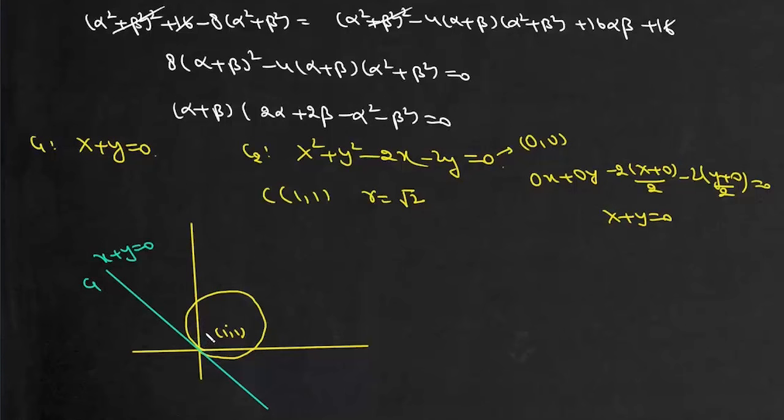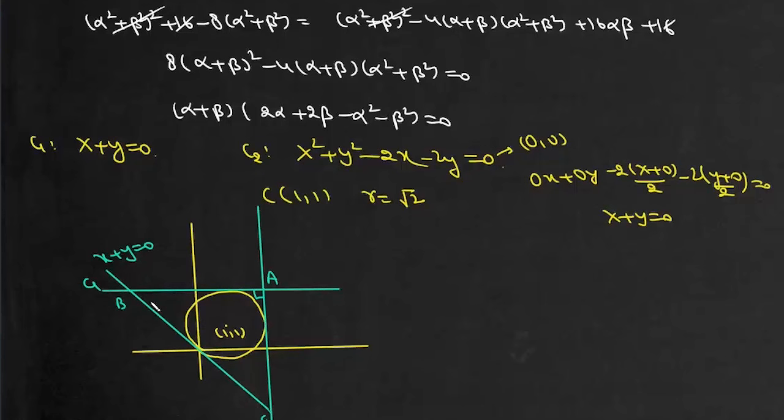Now the lines which make an angle 45 degrees with C1, there will be lines which are parallel to x-axis and y-axis. So we'll have these two lines. So we are talking about this triangle. Now suppose this is A, B, C. Now this angle A is 90 degrees.